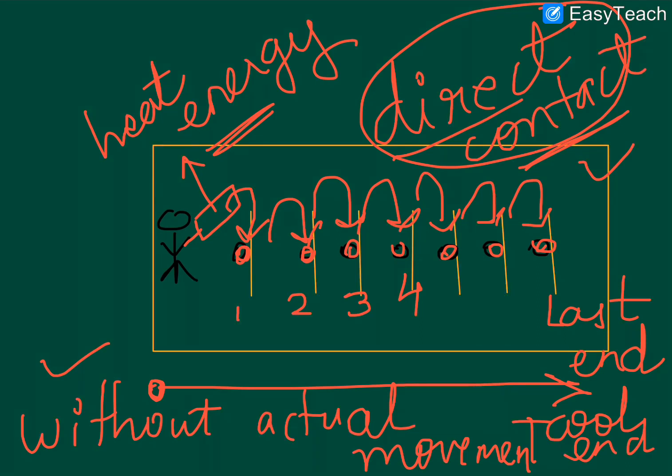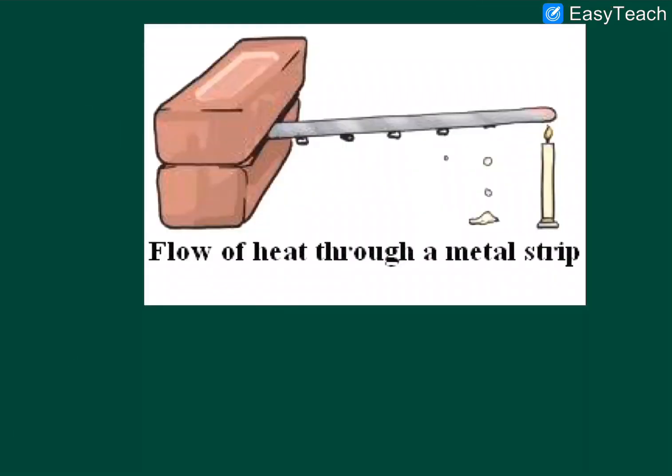Let us further understand this concept with an example. In this example, we have taken an iron rod. As we all know, an iron rod is a solid and solids have closely packed molecules.